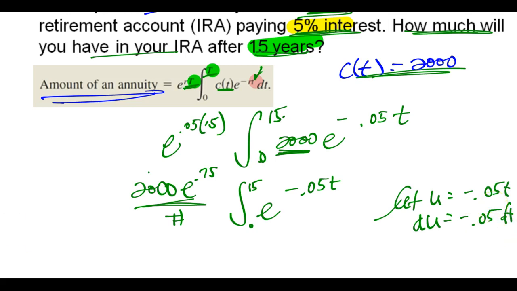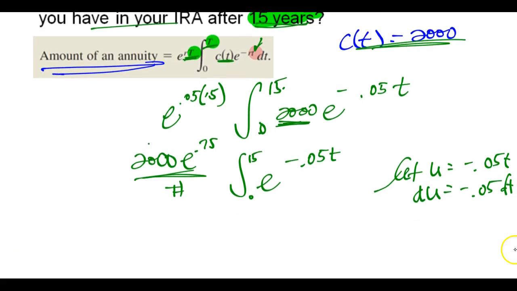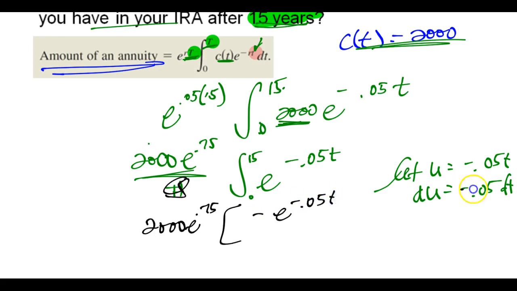I don't know how you want to number crunch because we already had this number. I'll just leave it. So it's 2,000 e to the 0.75. That's that number. And then it's negative e to the negative 0.05 t. That's that negative, divided by the 0.05 because I had to divide this out. Divide both sides by negative 0.05.